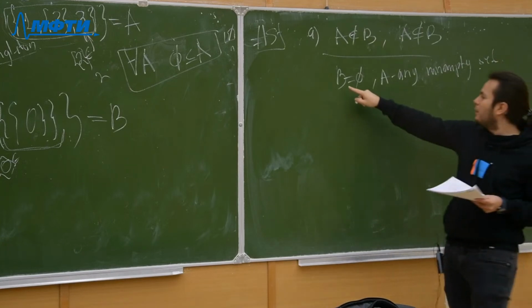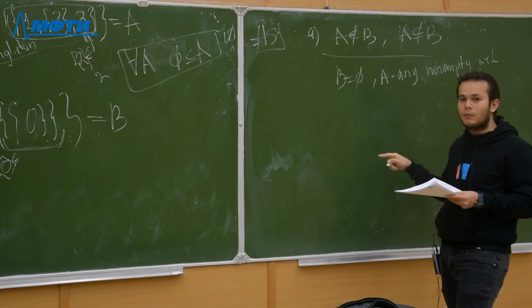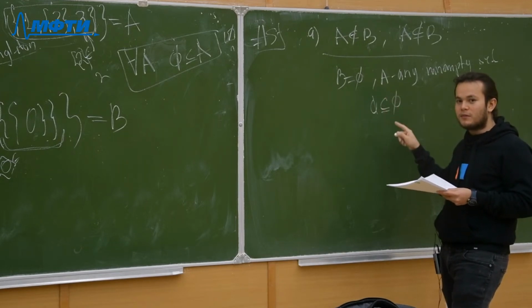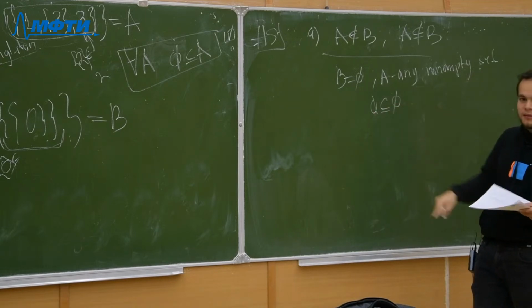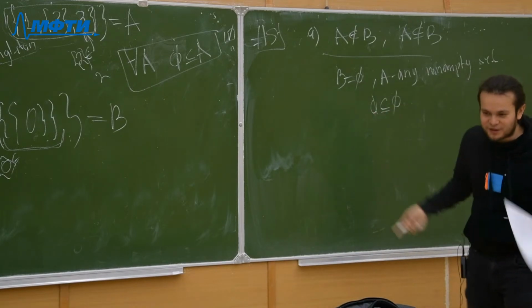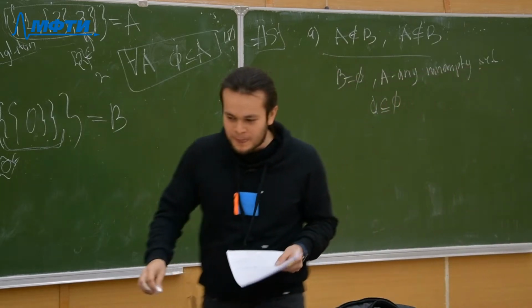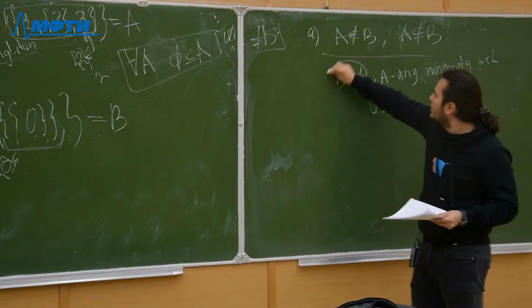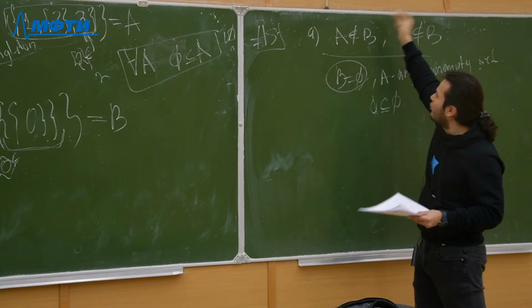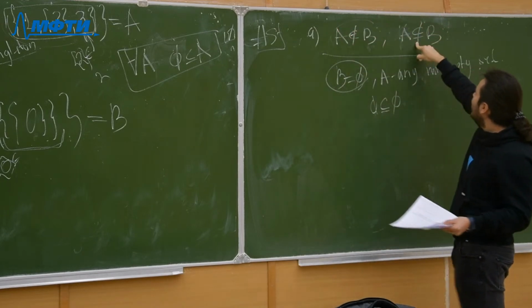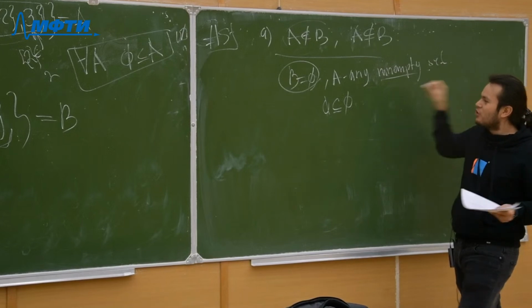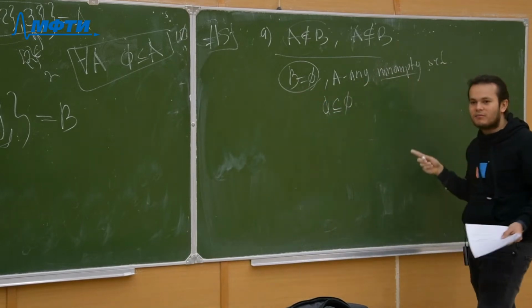So if we have that, yes, it's a subset. The empty set is a subset of the empty set, because the empty set is a subset of any set, and the empty set is a set, right? So that's it. We have to take B empty, and the first holds for any A, but the second holds not for any A, but for A non-empty, right? So just take B empty and A a non-empty set, and that's it.